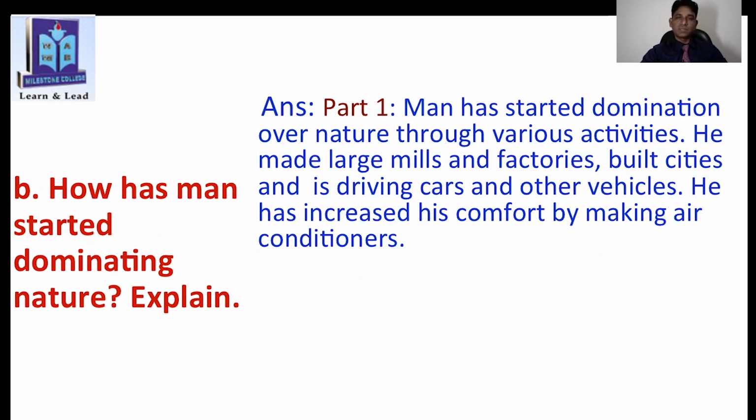He made large mills and factories, built cities, and drives cars and other vehicles. He has increased his comfort by making air conditioners. So, like this, we are dominating the society, dominating the nature, dominating the environment, right?